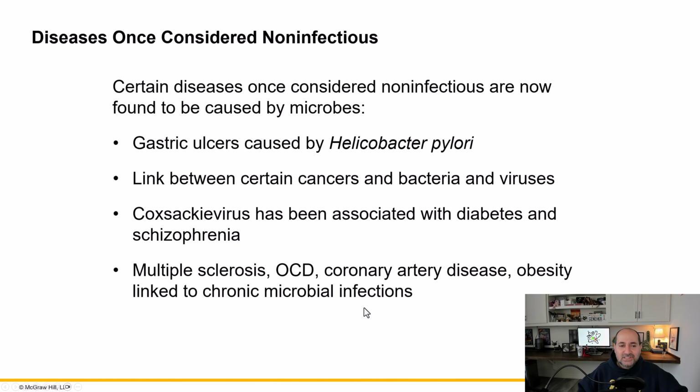So every time we think we know it all, there's something that comes around the corner to show us that there might be more to the story. All of these were once thought to be caused by non-communicable forces, but now, at least to some extent, these are shown to be linked with microorganisms and infectious agents.